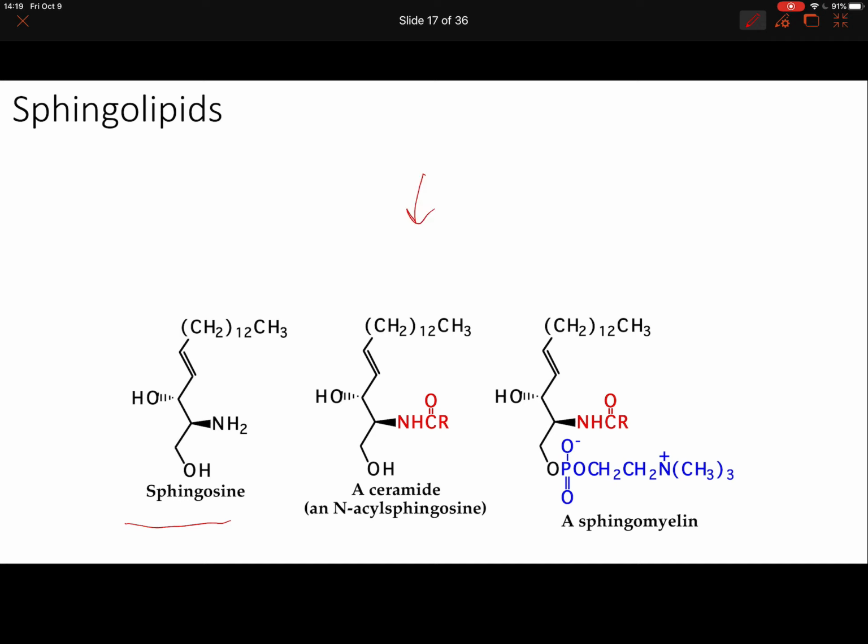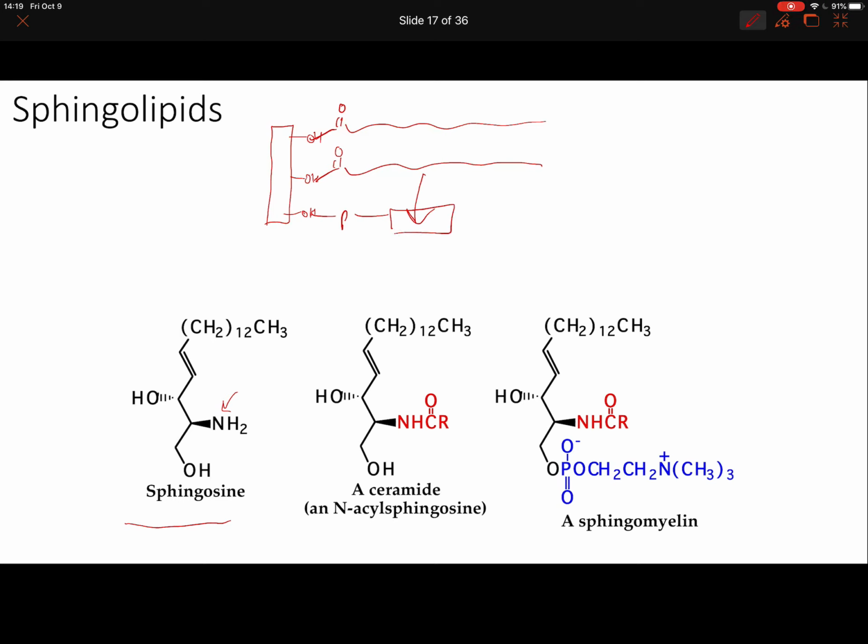So a ceramide is when we have sphingosine, where the nitrogen, so that's something that's different about glycerol also, right? We had glycerol, it had its OHs. One of them gets attached to a fatty acid. Second one gets attached to a fatty acid. And then we get our phosphate and our alcohol.